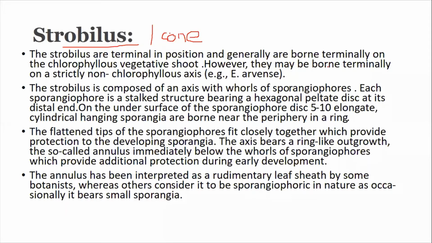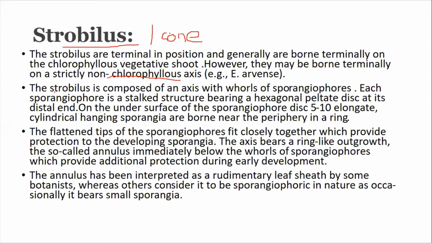Moreover, the shoot which produces the strobilus is non-chlorophyllous. The chlorophyllous shoot is the sterile shoot, whereas the fertile shoot is always a non-chlorophyllous axis.